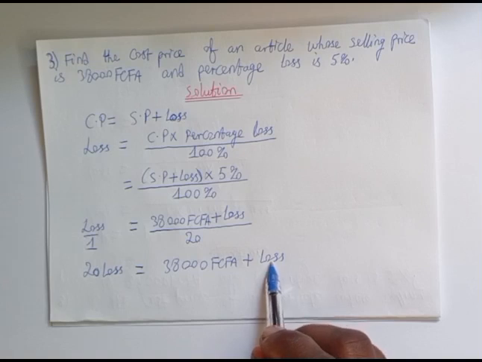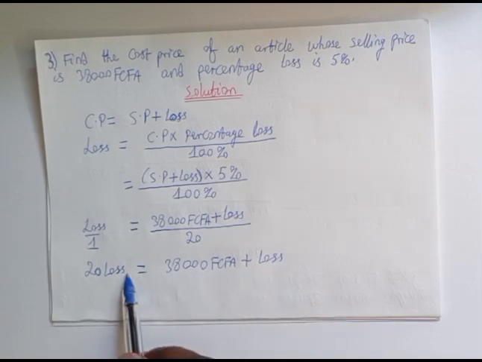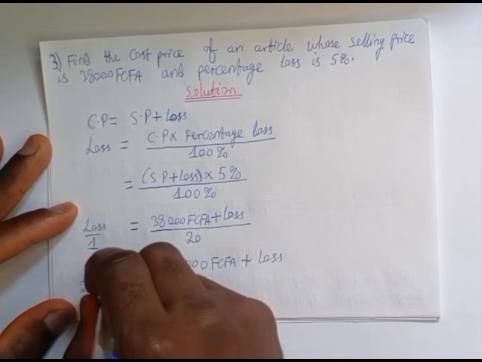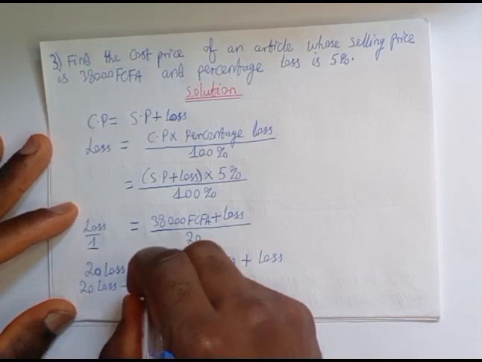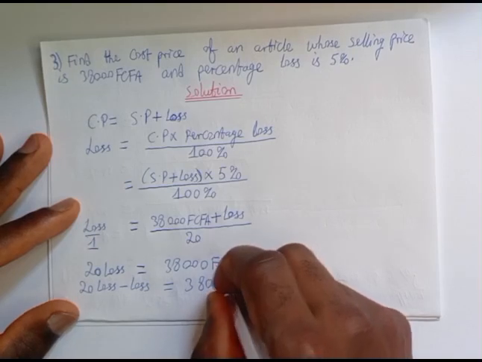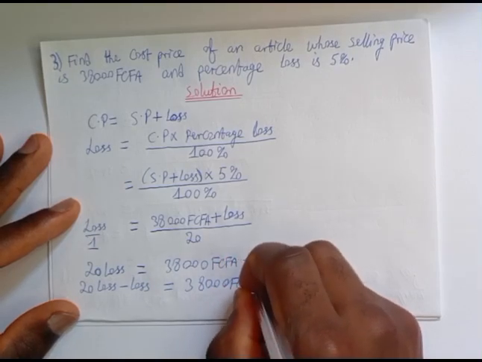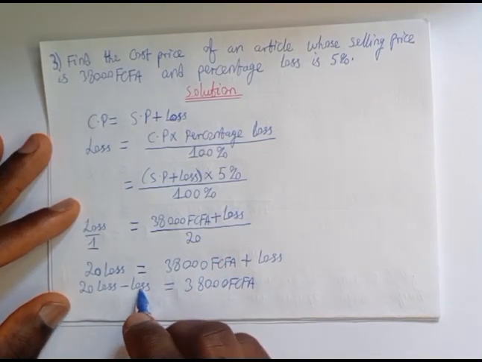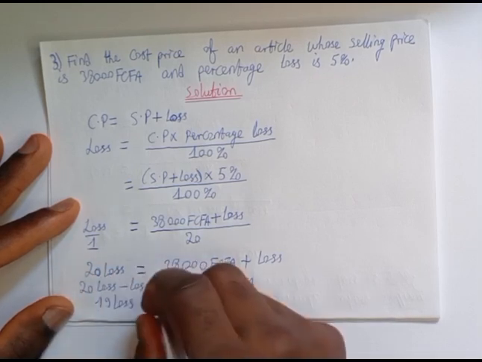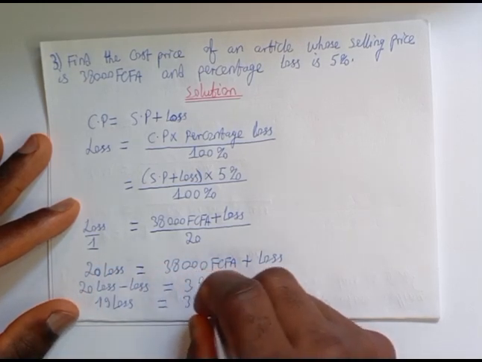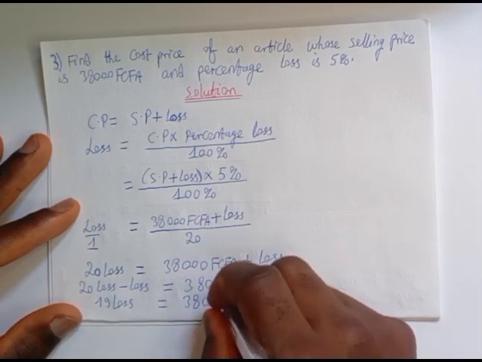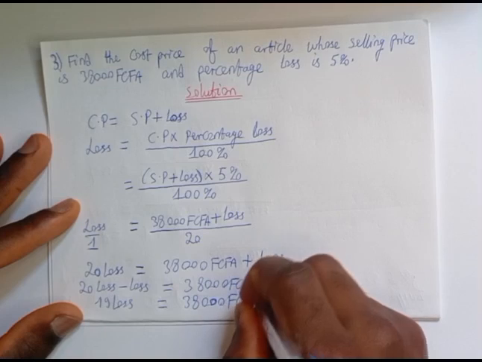We are going to bring like terms together. We are going to transfer this loss to the left hand side of the equality sign. When it crosses, it becomes negative. 20 loss minus loss will be equal to 38,000 francs CFA. 20 loss minus loss gives us 19 loss. It's equal to 38,000 francs CFA.